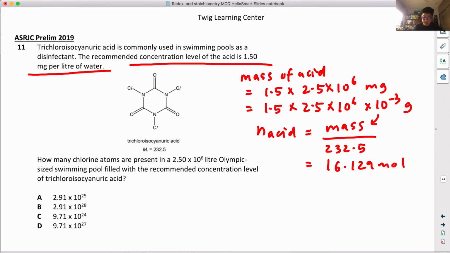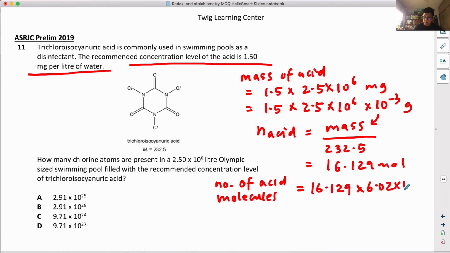So the number of acid molecules equals 16.129 multiplied by 6.02 times 10 to the power 23. So this is the number of molecules. You can get this value.